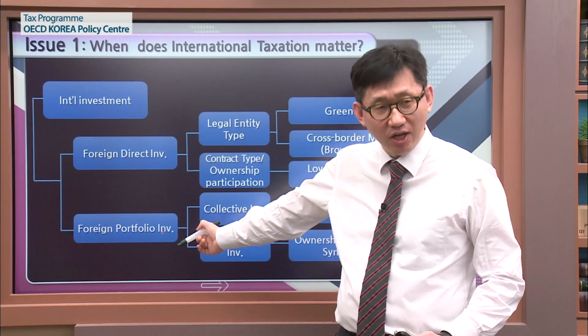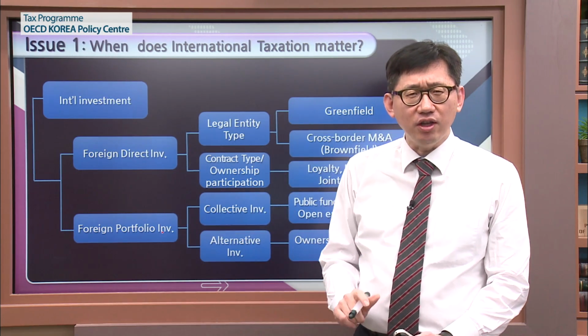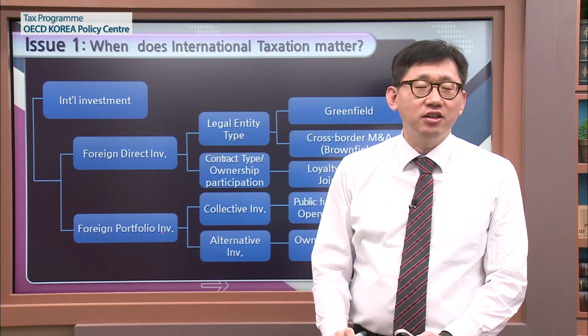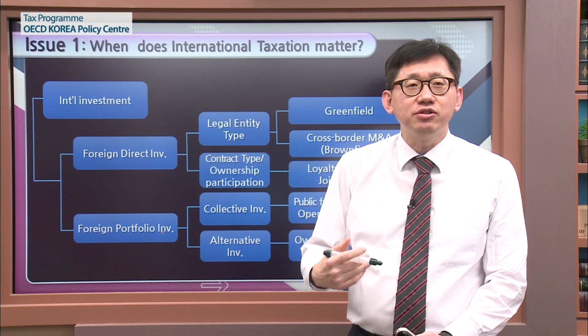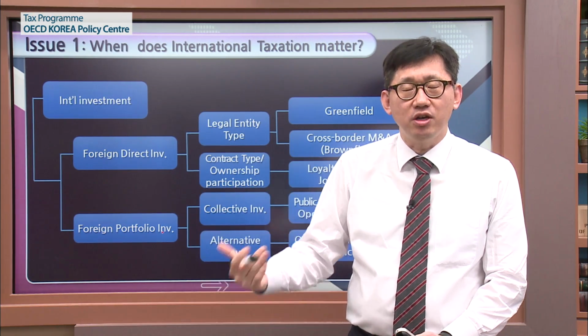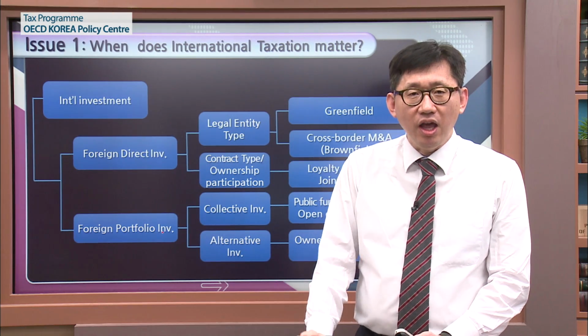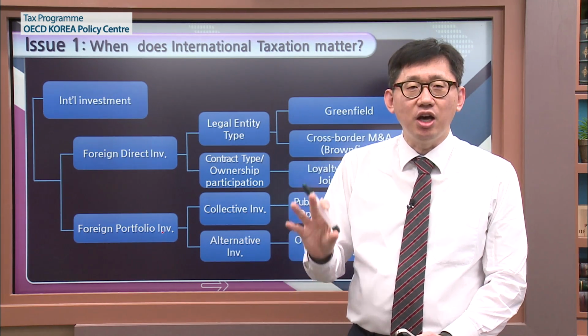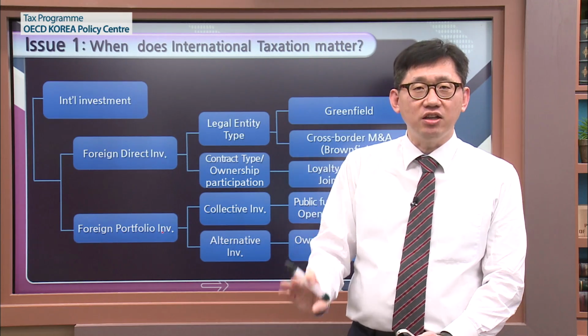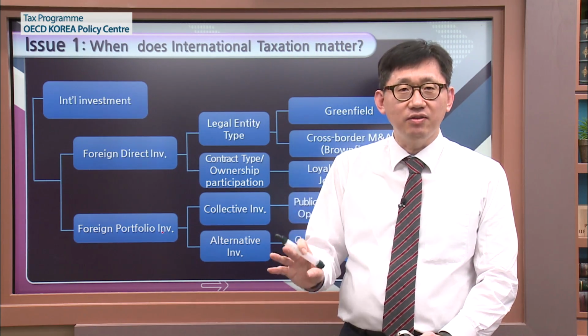That is foreign portfolio investment. The point is, when they make a foreign direct investment, they normally try to purchase an asset in a foreign country or local market. Those kinds of assets compose a permanent establishment, which is very important. That is the starting point of international taxation mattering.